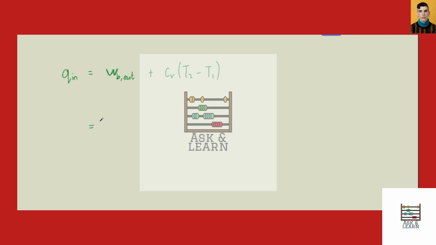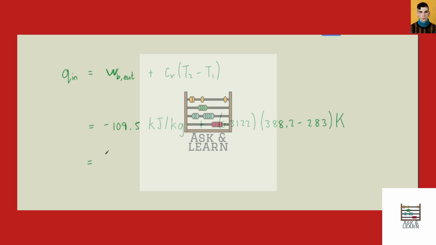So now we can calculate this heat transfer since we have all these values. So this is equal to minus 109.5 kilojoules per kg plus Cv, 0.3122, we'll suppress the units there, times a change in temperature of 388.2 minus 283, and that's Kelvin.